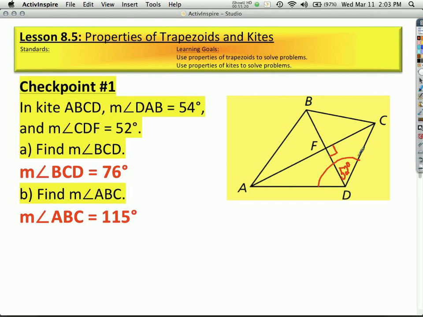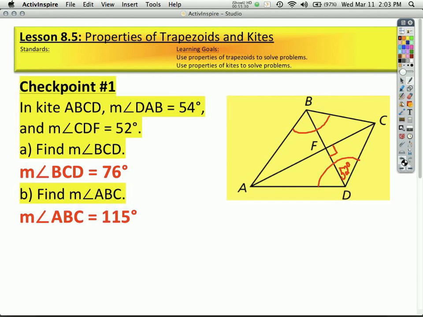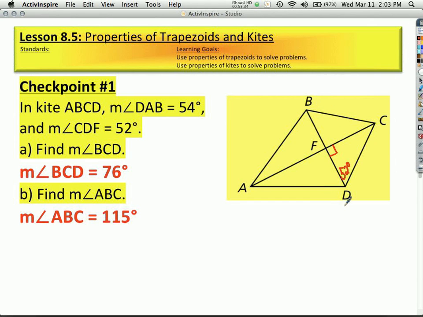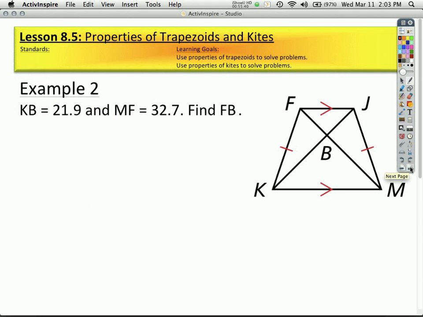It says opposite angles are congruent. So this one is congruent to that one. You assumed that that was bisecting the angle. It's not. Okay? This one is bisecting, this one is not. So these are good questions. It takes some time. All right? We're going to keep going. Don't worry, you will figure out everything.